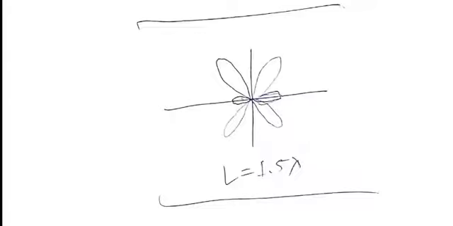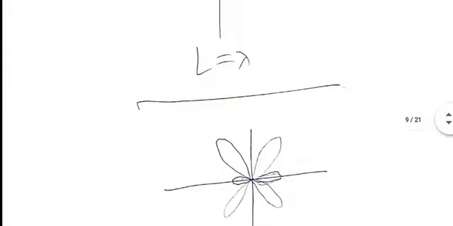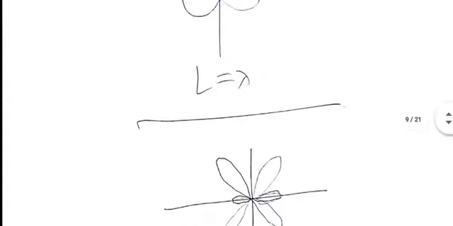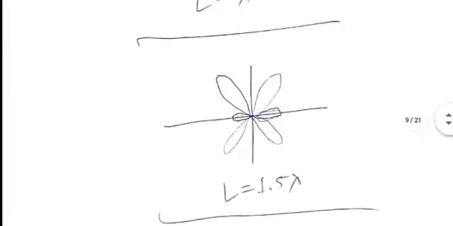And in between there are directions in which no radiation will go out. They are called nulls, N-U-L-L-S. The 1.5 lambda is a very complicated type of dipole. You prefer to avoid this. In fact, most of the dipoles in real life are not allowed to go beyond lambda length because things start getting a lot more difficult to handle.